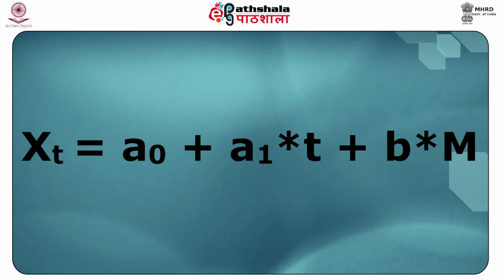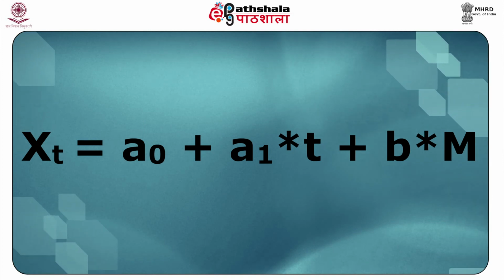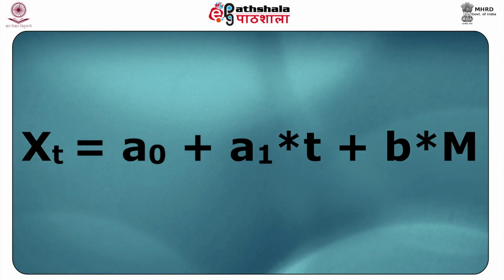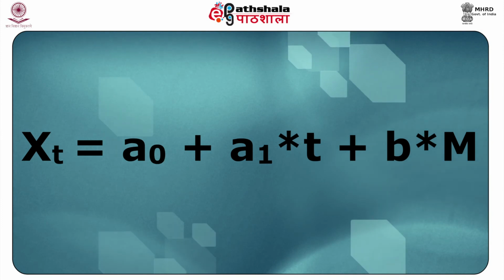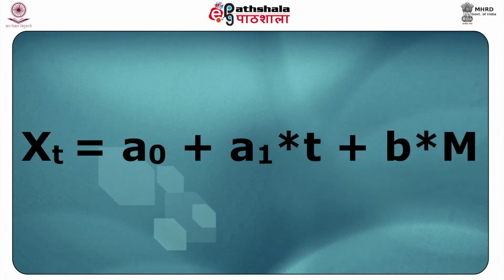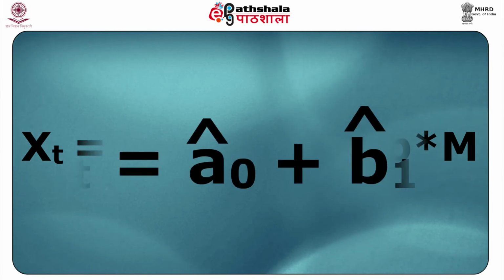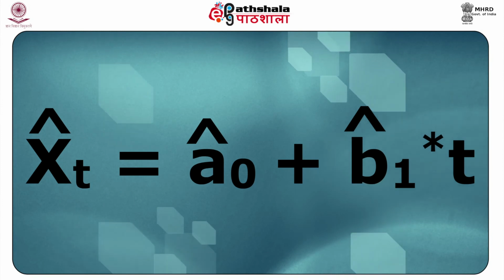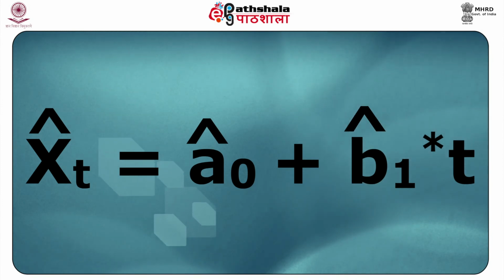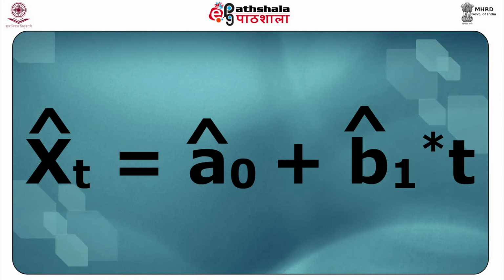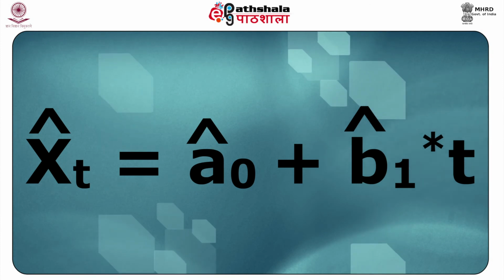Using the data, we estimate the equation x_t is equal to a0 plus a1 t plus b m. The specification produces two equations, one in which dummy is equal to 0 and one where dummy is equal to 1. The slope would be the same, but intercept would be different.